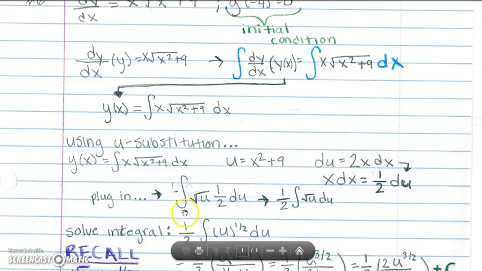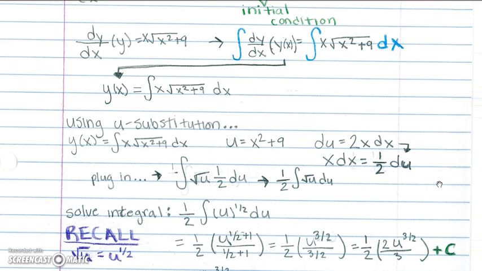So you end up getting the integral of the square root of u times 1/2 du. Because 1/2 is a constant, you can take that out ahead of time. So it ends up being 1/2 times the integral of the square root of u du. Now the next thing to do is actually solve for the integral.